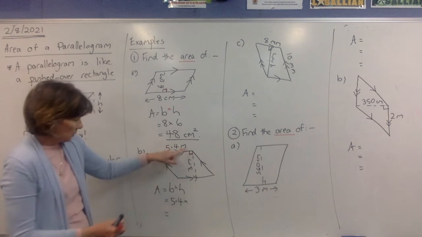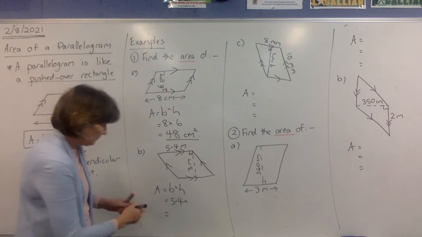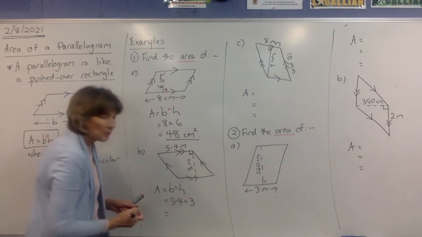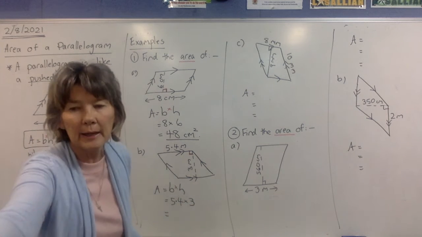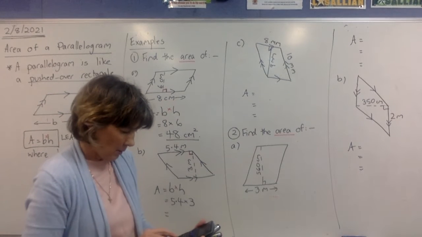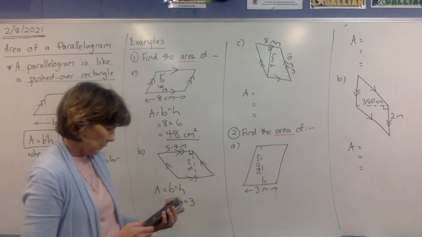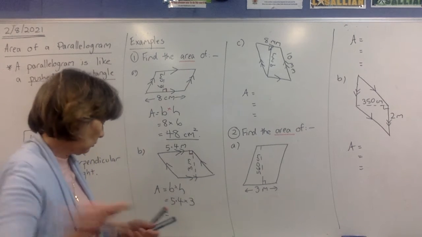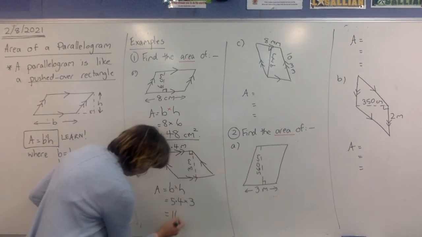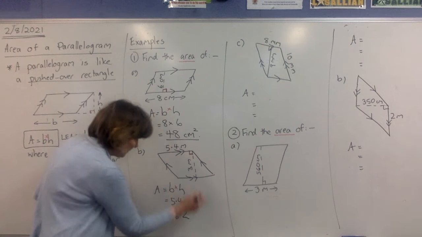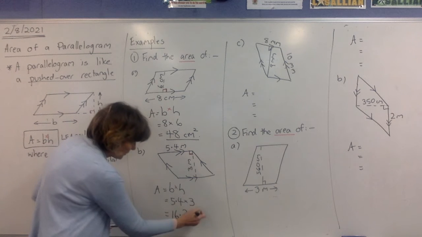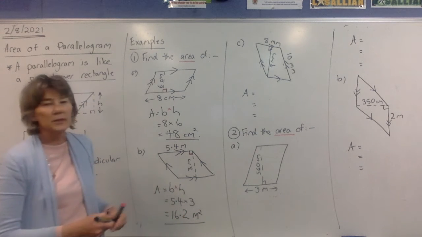There's your right angle, so this is your perpendicular height, 3. So then we multiply those on our calculator, type in 5.4 times 3, and we end up with 16.2. And then we write metres squared because it's area, and that's your answer.